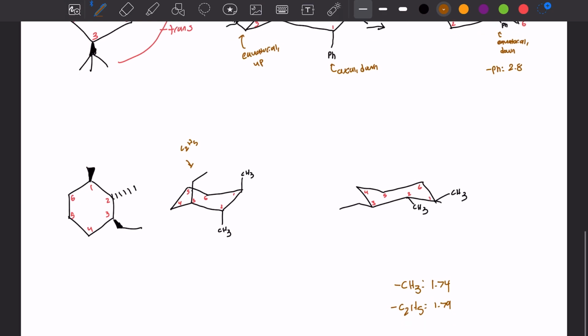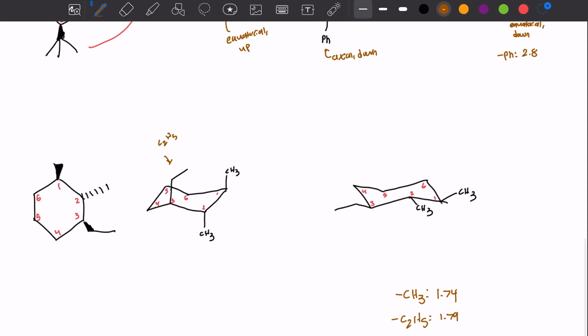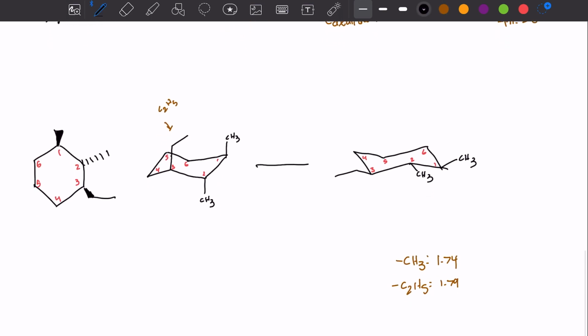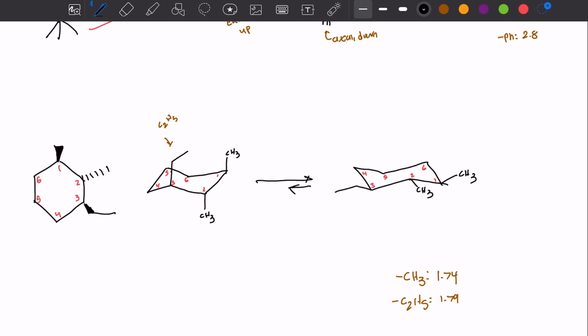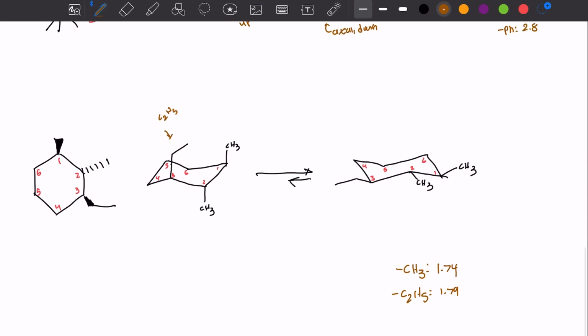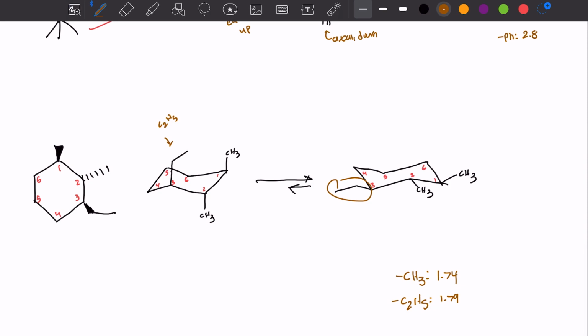So if you're running out of time and you're not able to look at your A value sheet for some reason, try to think logically about which group may be bigger, and then you can figure out the priorities of the A values. So in this case, this equilibrium would be favored towards the right, because the bigger group is equatorial in this case, but it's axial in this case.